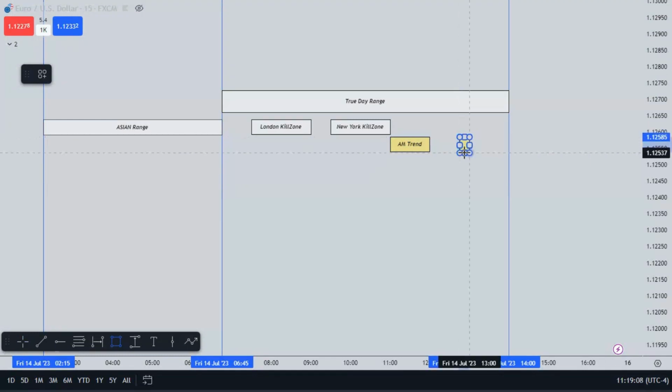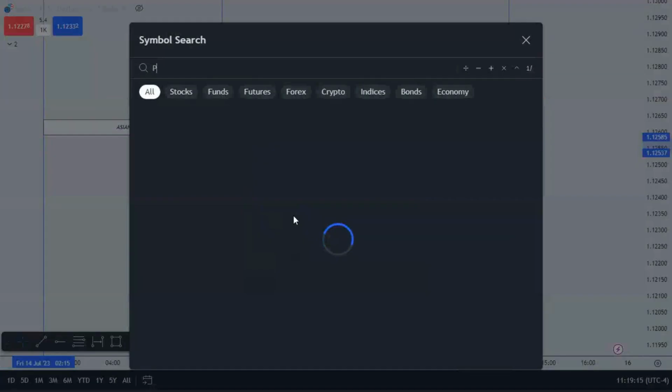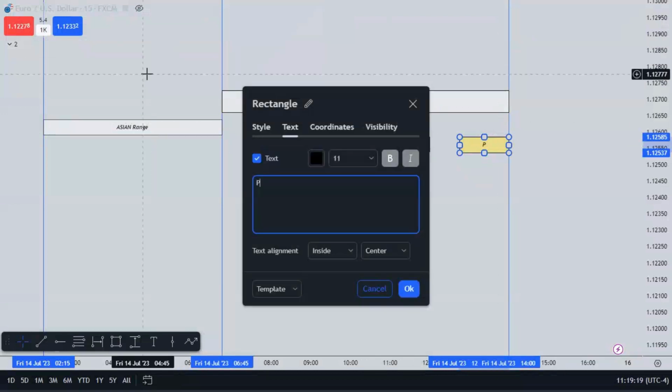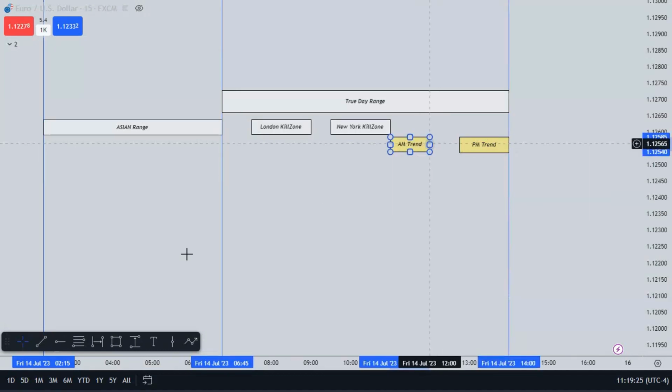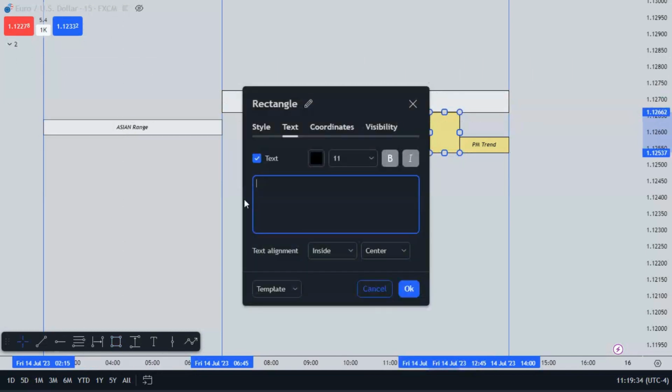And then we're going to have our PM trend. And then just between the two, we have New York lunch. Just gonna go like this.